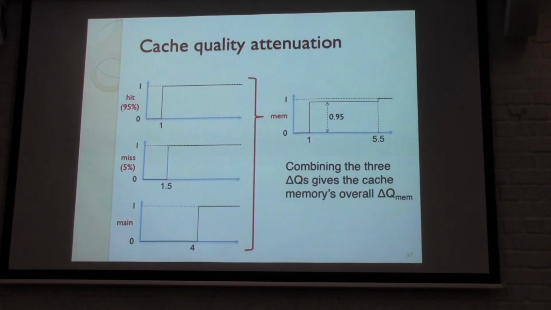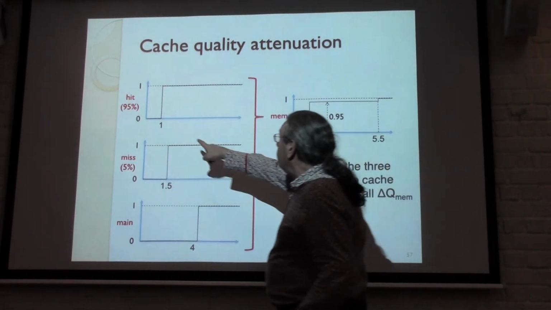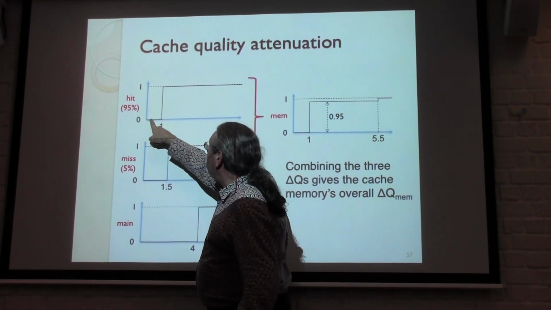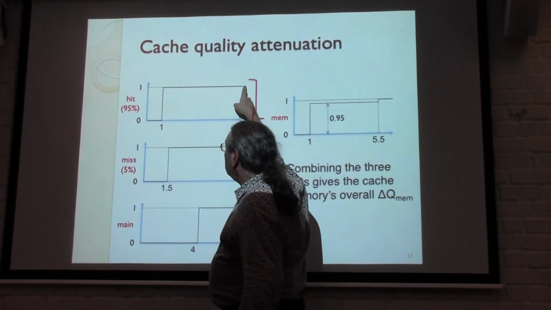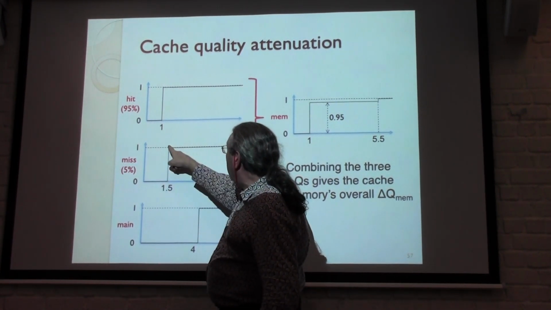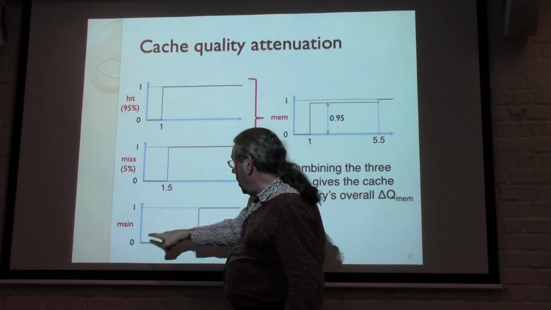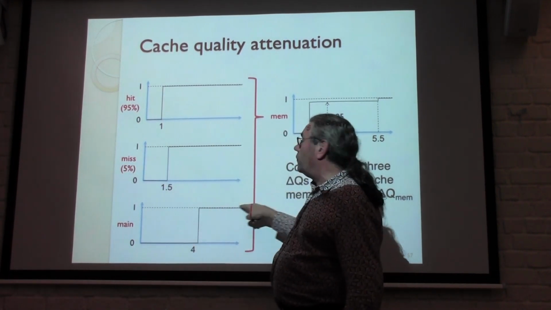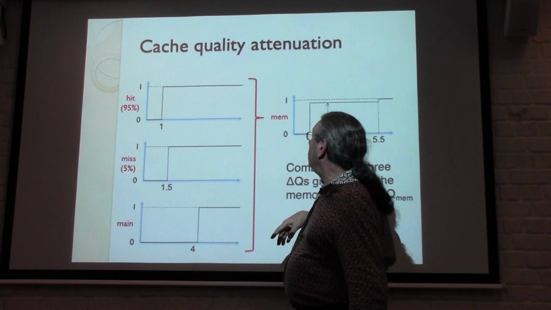So here's an example with caches and delta Qs. Let's say the hit, 95% of the time, takes one cycle. The miss, 5% of the time, takes 1.5 cycles. And the main memory read takes 4 cycles, for example.